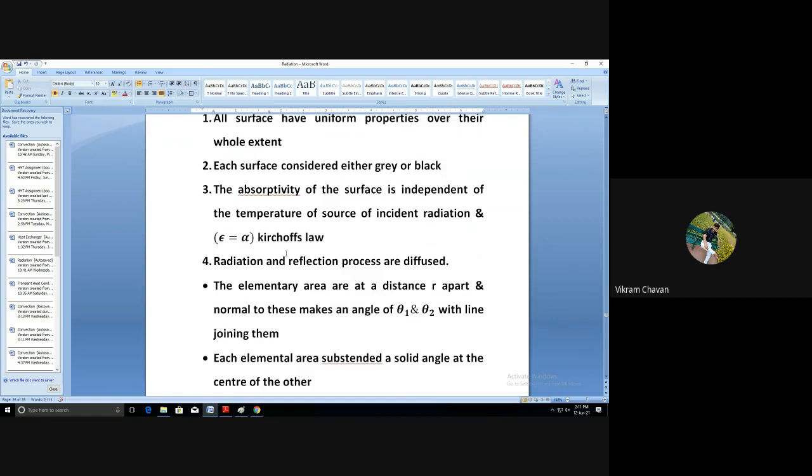Which one is the source body? The emitter body is considered the source body, continuously emitting radiation, and another body is receiving the radiation. So the absorbability of the receiving body will not depend on the temperature of the source body. And we have to remember Kirchhoff's law, that the absorbability of that particular body is equal to the emissivity of the body, that is, epsilon is equal to alpha.